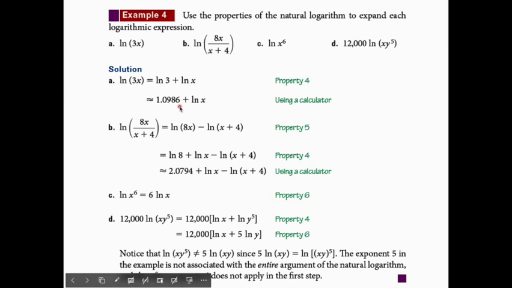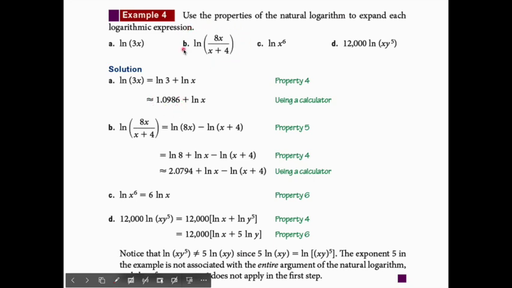Unless the question tells you to give the decimal approximation, I would just leave it as natural log of 3. It saves you a step of having to do that on the calculator. You're not worried about having rounding issues because this is going to be a rounded value.